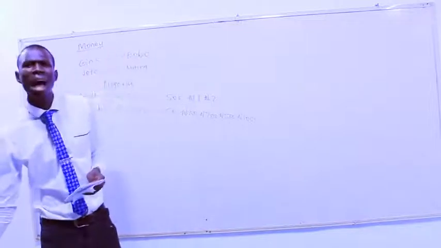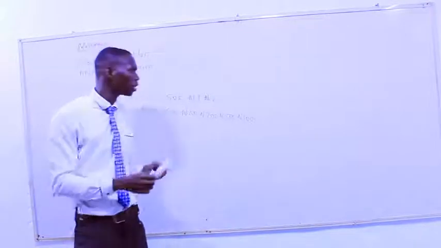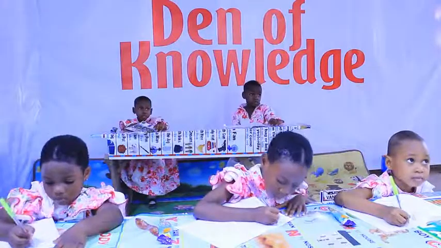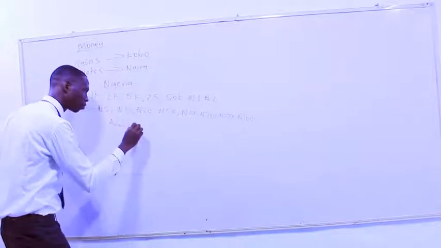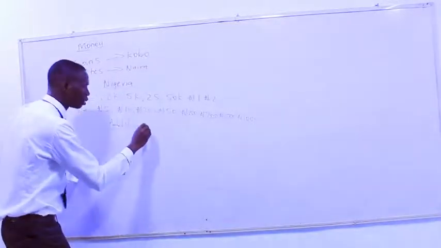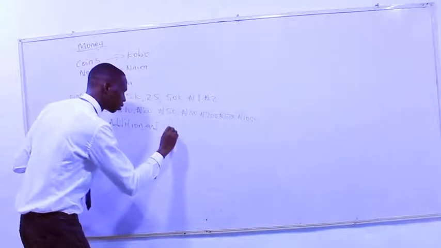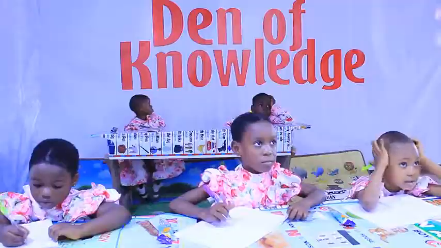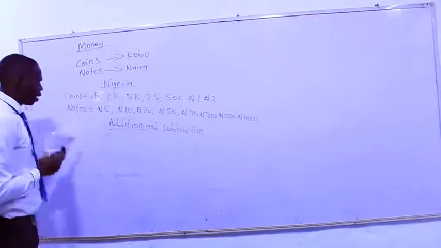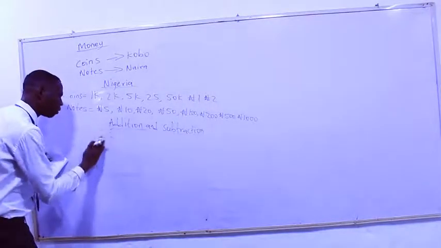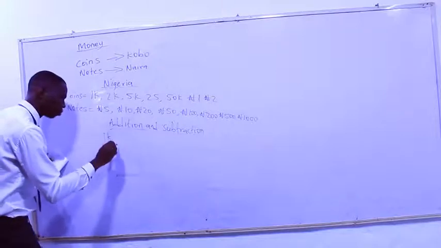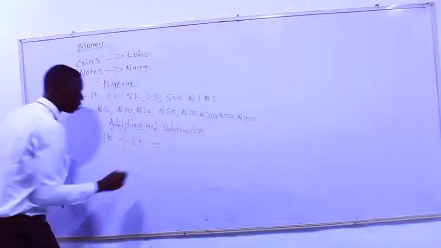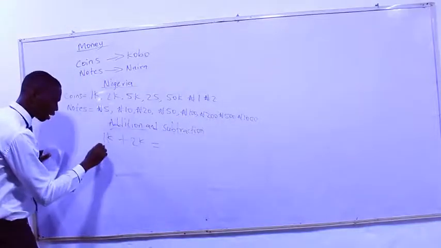Now let's enter into addition and subtraction of this. If we have 1 kobo plus 2 kobo, that will give us, we count like this.